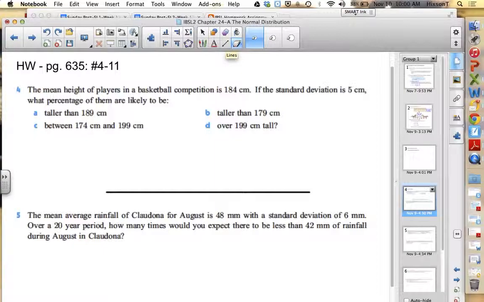The mean is 184, standard deviation is 5. Go ahead, get out some paper, and sketch it.